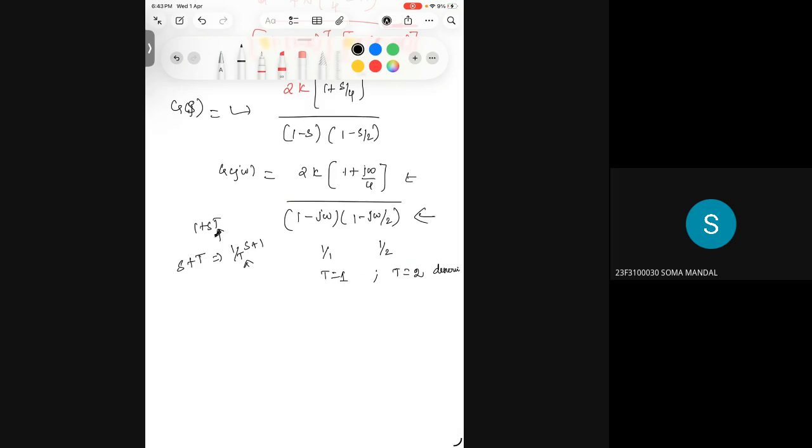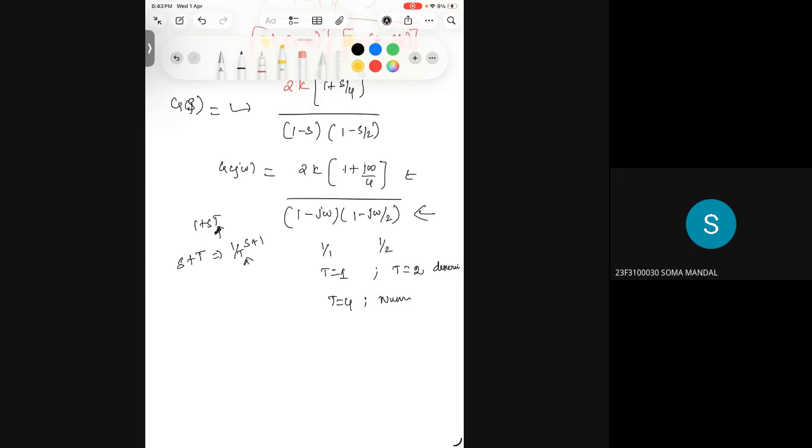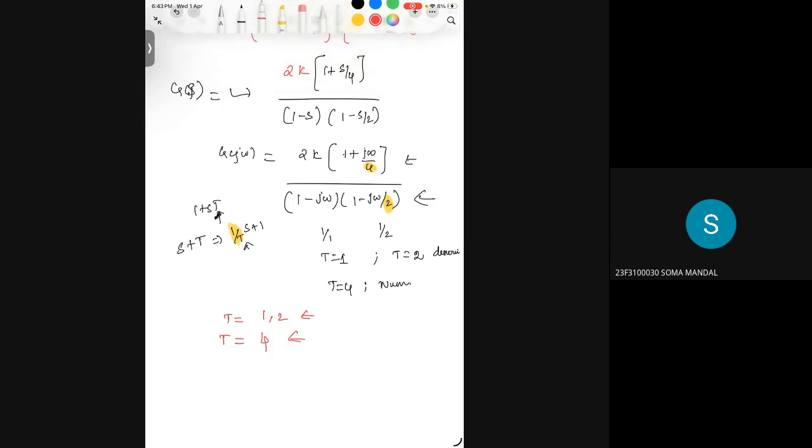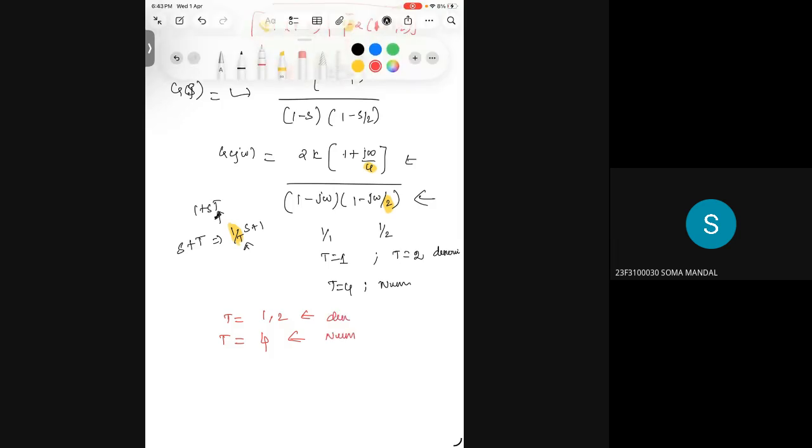In the numerator, 1 by t is 1 by 4, then t equal to 4 in the numerator. Clear? So the corner frequencies are 1 and 2 in the denominator, and 4 in the numerator.